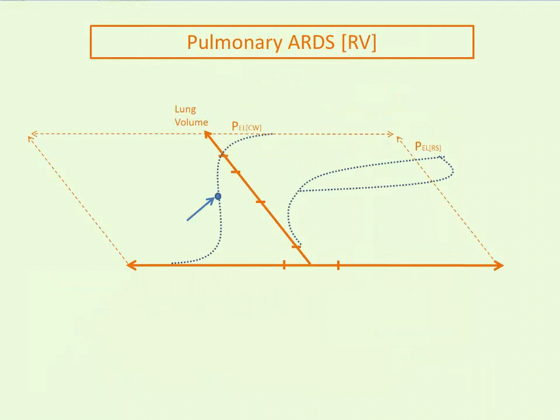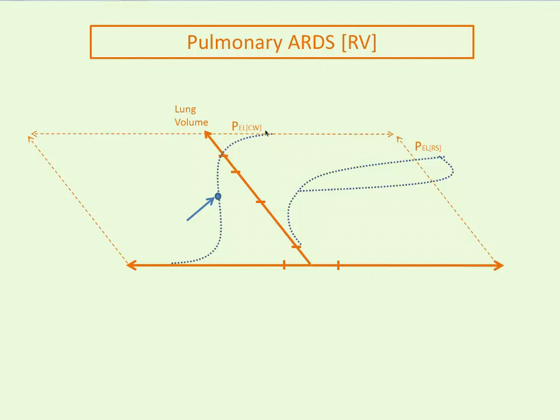So what this is, this is the Campbell diagram going into the z-axis. It's supposed to be going into the page. This is the chest wall elastance curve, which, as I mentioned in the previous slides, in pulmonary ARDS is not really affected.